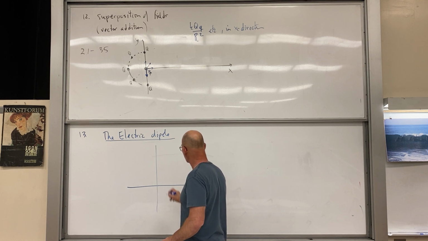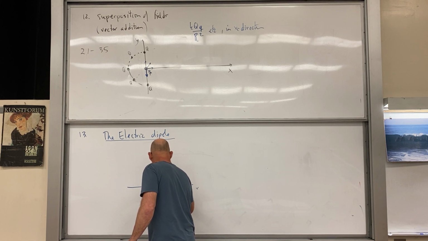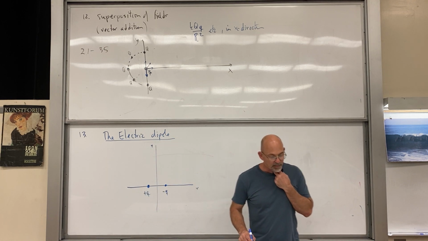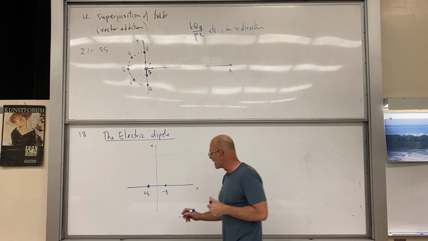Got ourselves an x and y axis, and we're going to put a positive charge and an equal negative charge spaced like that, so that the separation distance is a on both sides.